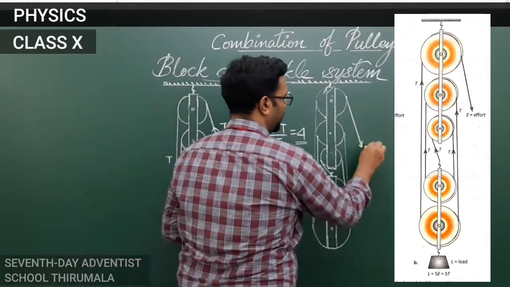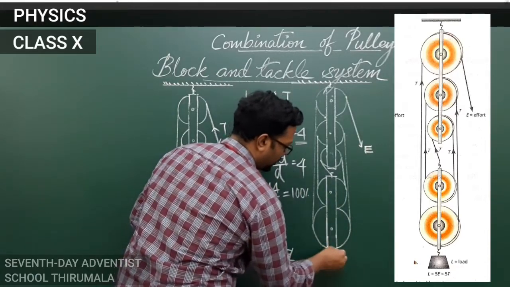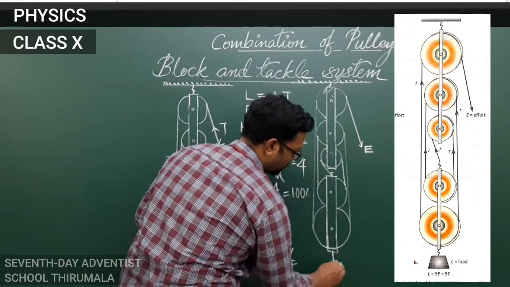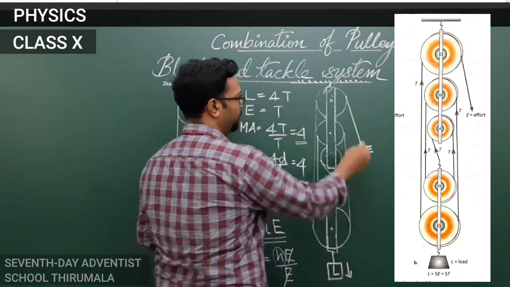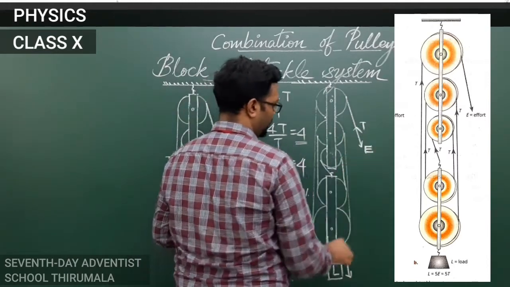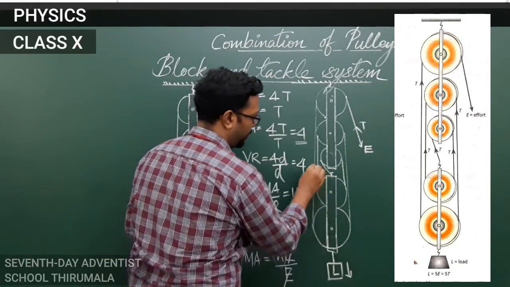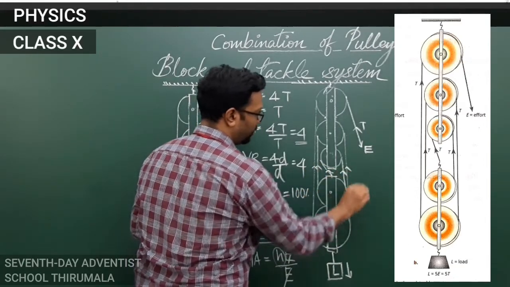So effort is applied over here in the downward direction. The load is pulling the whole system in the downward direction, and effort is supported by one tension, and the load and the movable block is supported by 1, 2, 3, 4 and 5 strings.